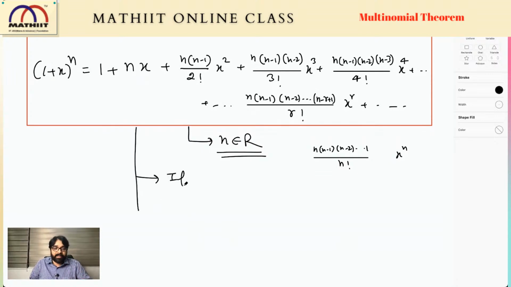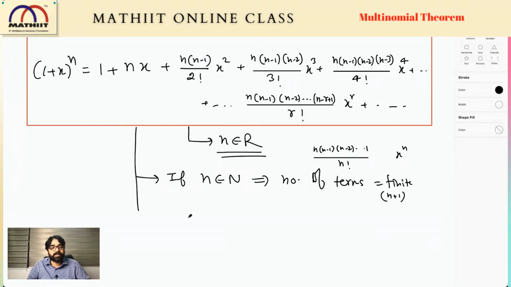If n belongs to natural numbers, the number of terms will be finite, and of course you can say n plus 1. But if n does not belong to natural numbers, meaning n is a negative integer or fraction, then the number of terms is infinite. Why? Because this process will keep on going, and there is nothing like a key at which it will stop.